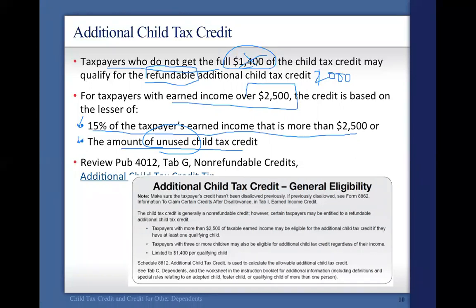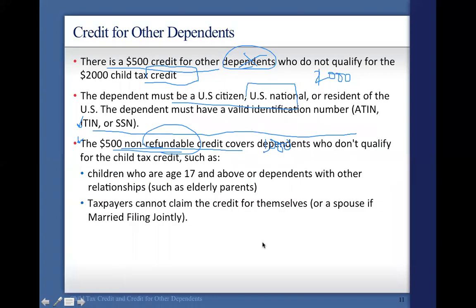That $1,000 could potentially be used depending on the tax liability, their modified adjusted gross income, and their filing status. They may be able to use that $1,000 under the additional child tax credit. I'll go over those calculations in more detail in the next slide.